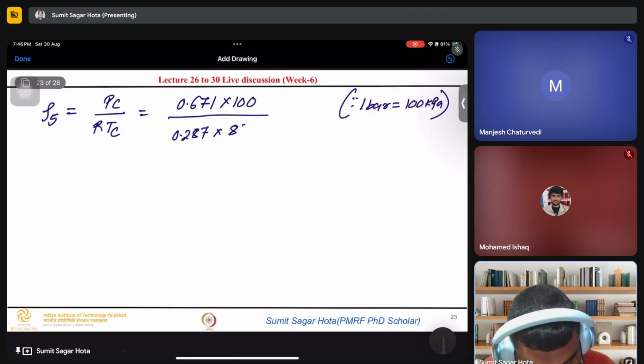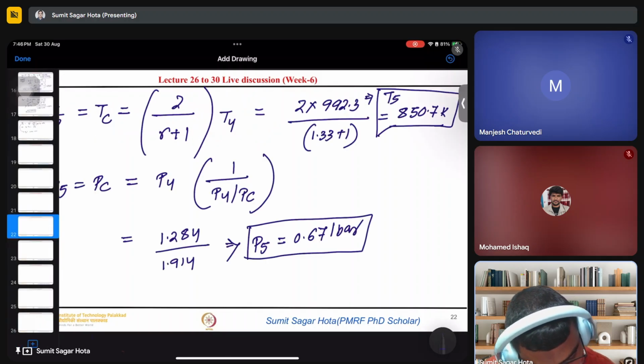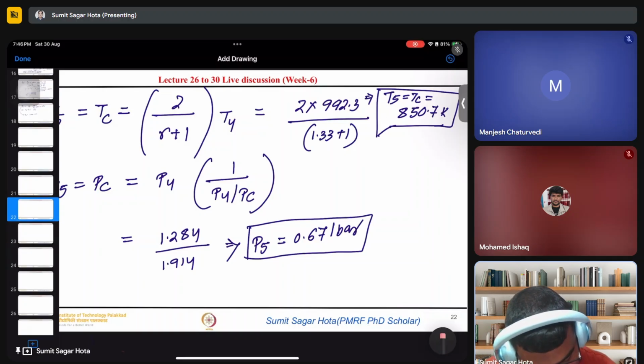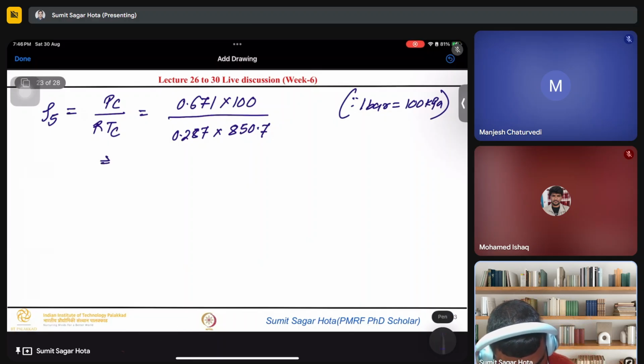Temperature is 850.7 Kelvin, which is T5, and you know very well T5 equals Tc. Now rho 5, if you solve, we will get 0.275 kg per meter cubed.